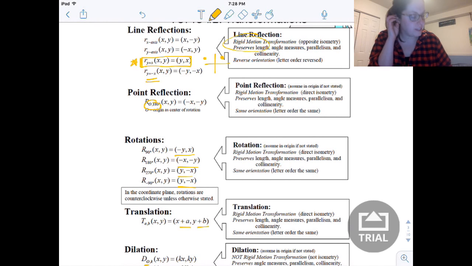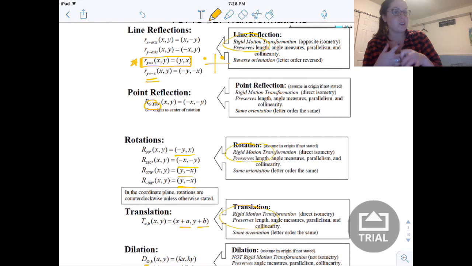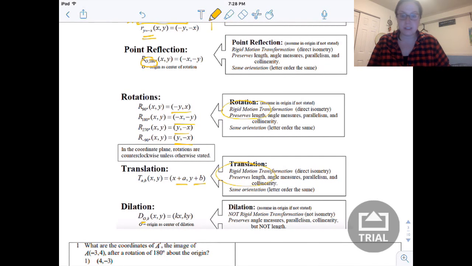Expect that an explanation that you will be writing will require you to use that word, right? We talk about that a lot. But a rigid motion preserves size and preserves shape, right? Angle measure and side lengths. Dilations are not rigid motions. They do preserve angle measure, but they do not preserve length, okay?